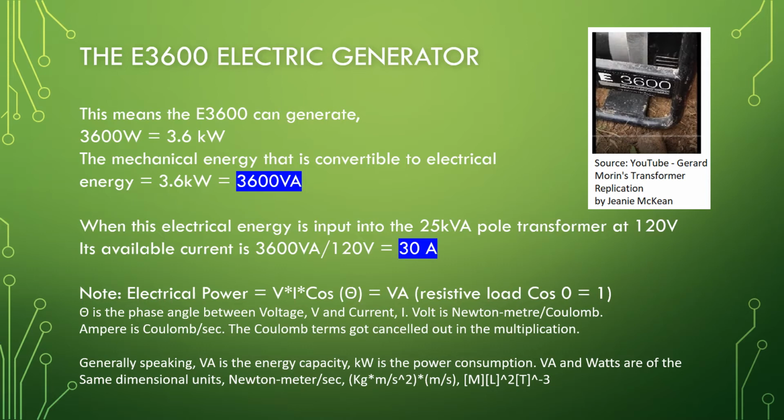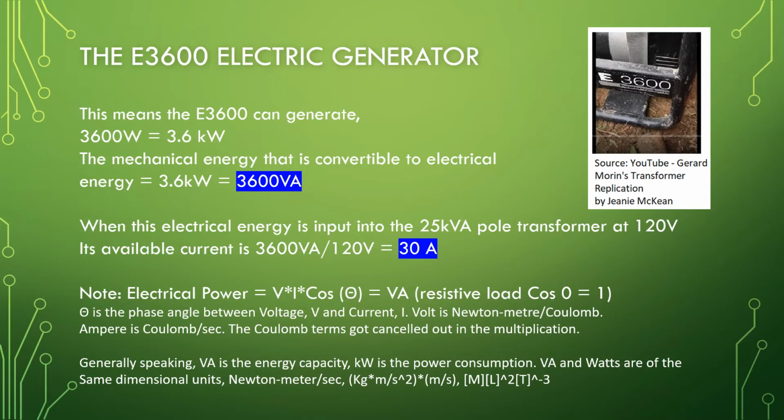When this electrical energy is input into the 25 kVA pole transformer at 120 volt, its available current is 3,600 VA divided by 120 volt equals 30 ampere.